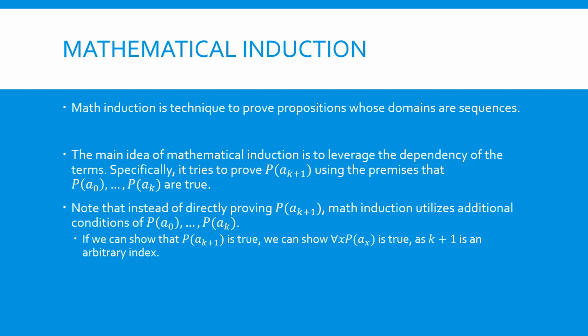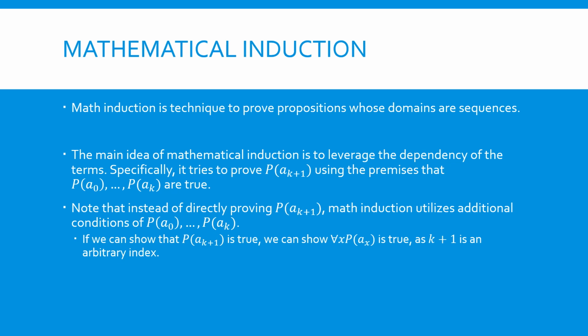In many cases, directly proving P(a_{k+1}) for arbitrary index k plus 1 is difficult. With math induction, we will have access to additional conditions, P(a_0) through P(a_k), which could make proving P(a_{k+1}) much easier.